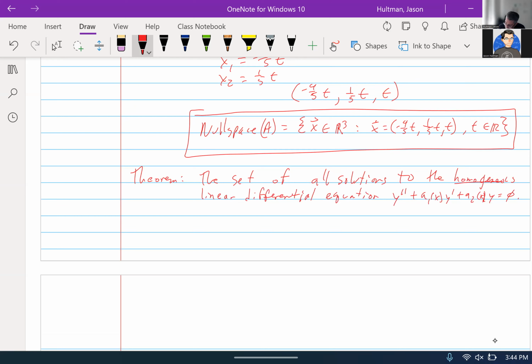But because I end up with a system of equations equal to 0, it's automatically a subspace, and it's automatically a vector space, behaves like a vector space.